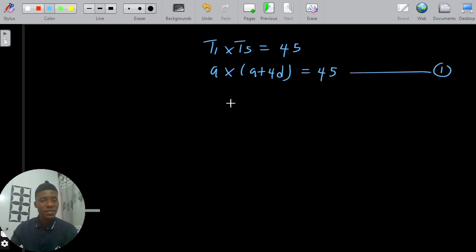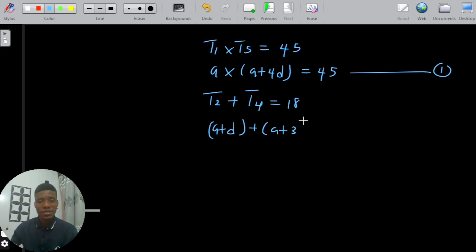We call this the first equation. Also, we are given that the sum of T2 and T4 is equal to 18, where we know that T2 is a plus d and T4 is a plus 3d, so (a plus d) plus (a plus 3d) equals 18. We can also call this equation 2.